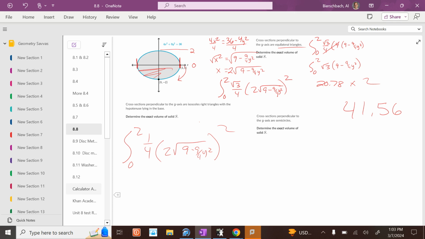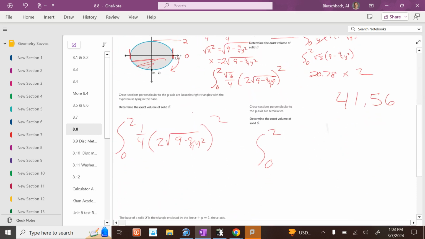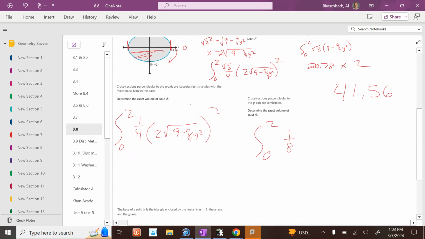Yep, you can put that into your calculator just that way instead of squaring it and doing that. Okay? If they're semicircles, it's 1/8 pi and then d squared. Okay? So basically they become graphing calculator problems.